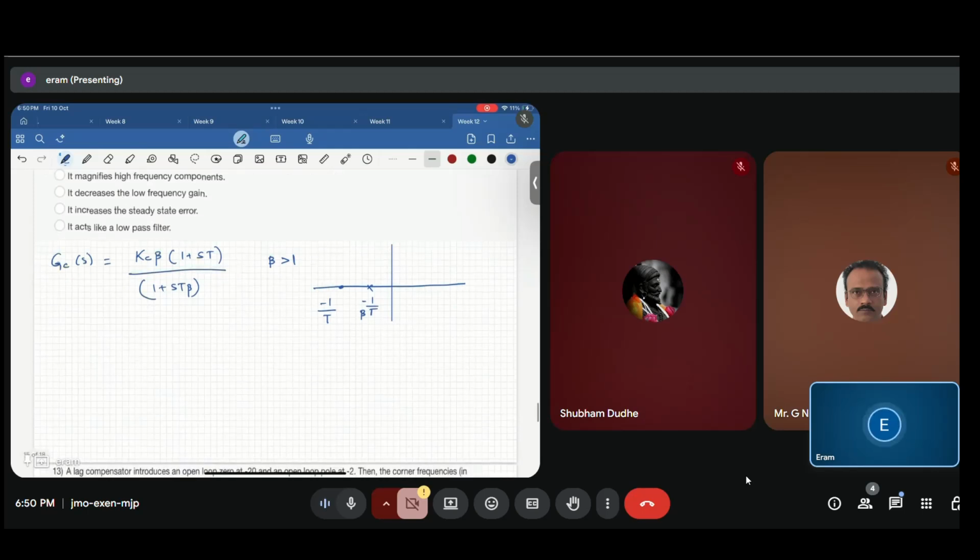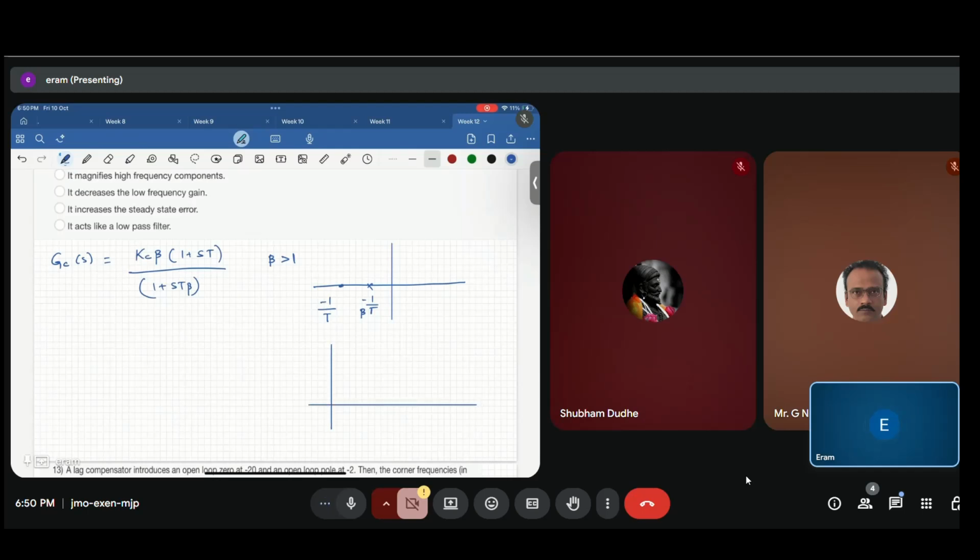Now since we have this type of pole and zero, if we draw the total magnitude plot, we will start with a 0 slope because we have no zero or pole at the origin.